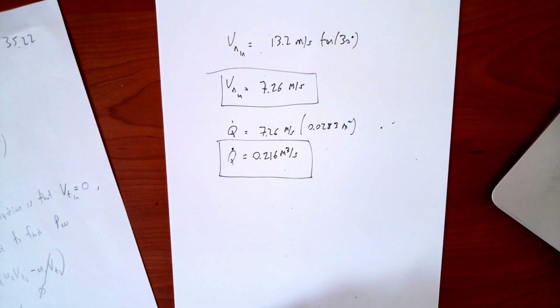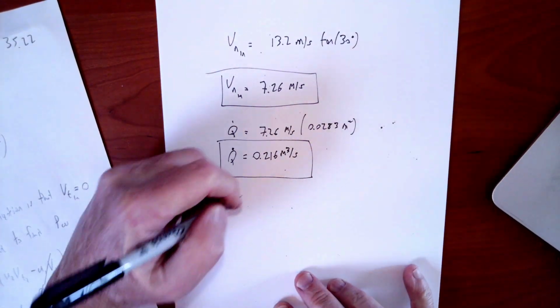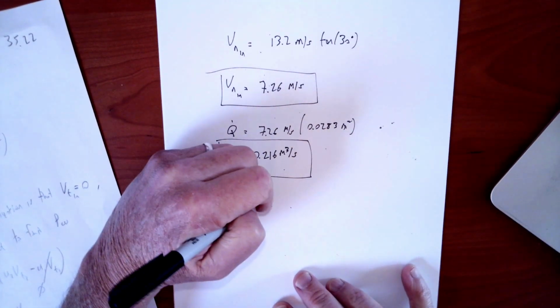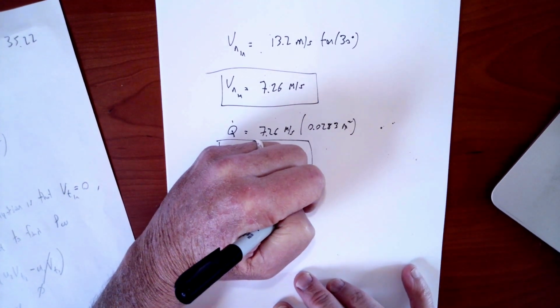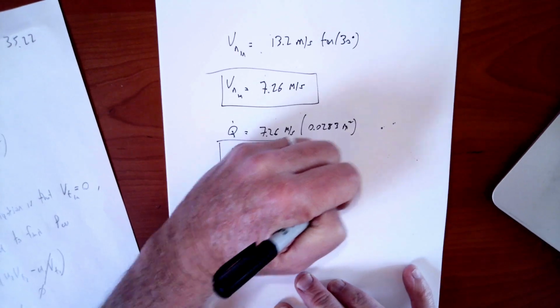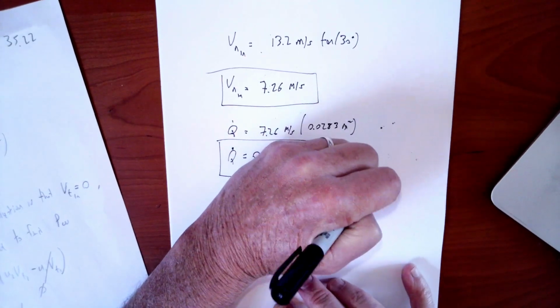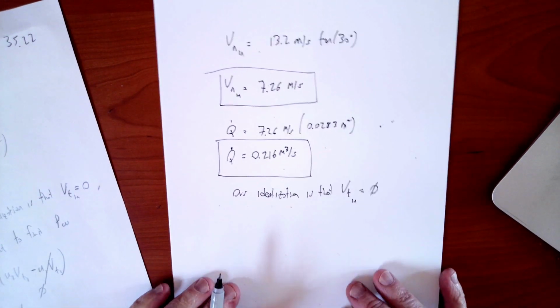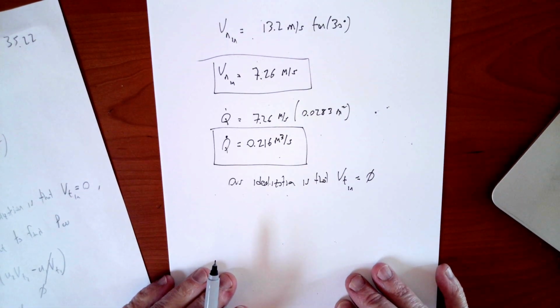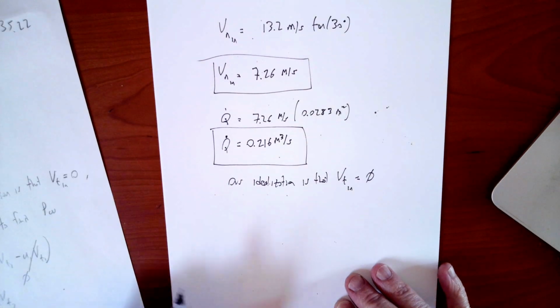As I said, our inlet idealization is that VT in equals 0. That means there's no tangential velocity of the fluid as it enters the blade region. It's coming in only normal to that surface.